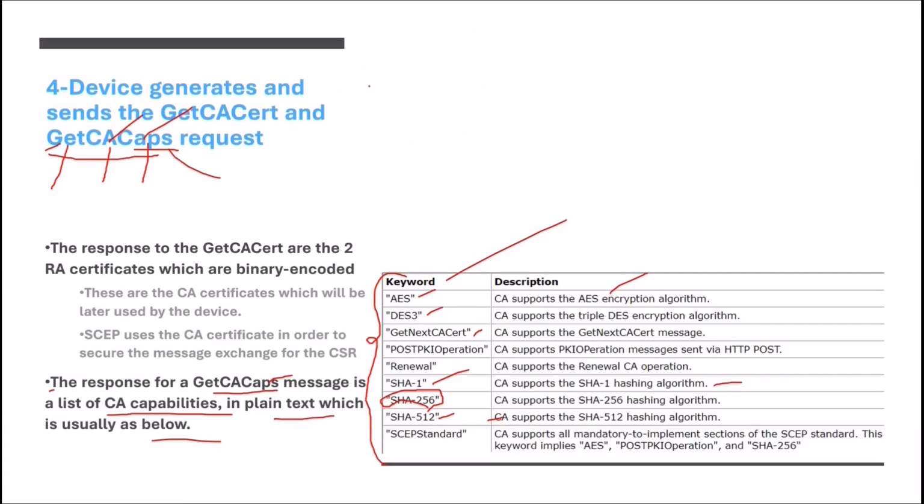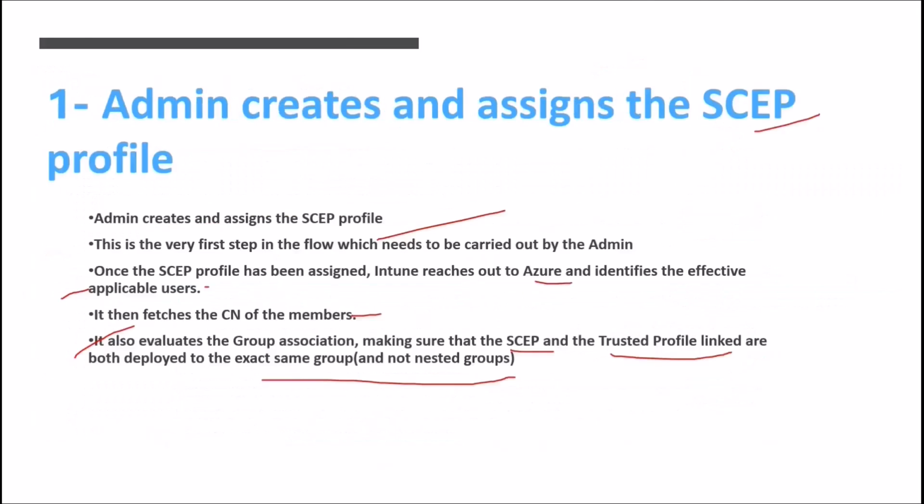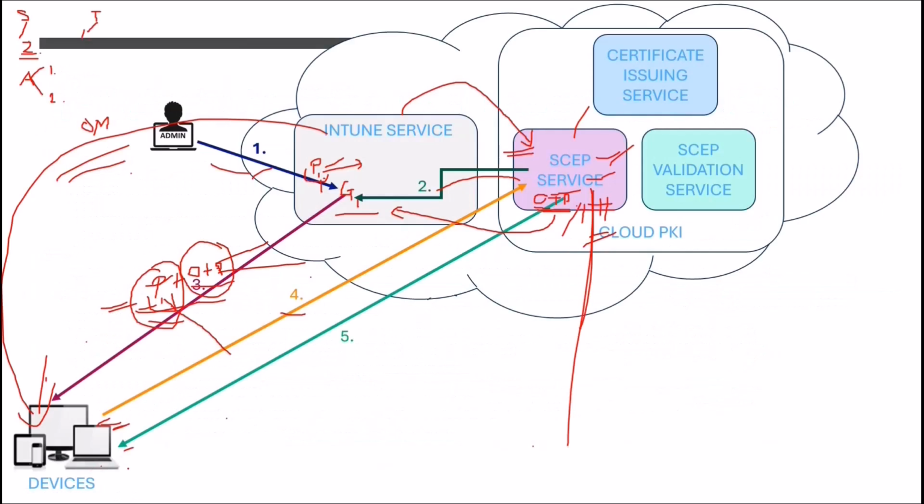Now the second request it does is get CA cert. Currently, the device does not trust the Cloud PKI, right? The device does not trust the SCEP service, which is eventually the Cloud PKI.